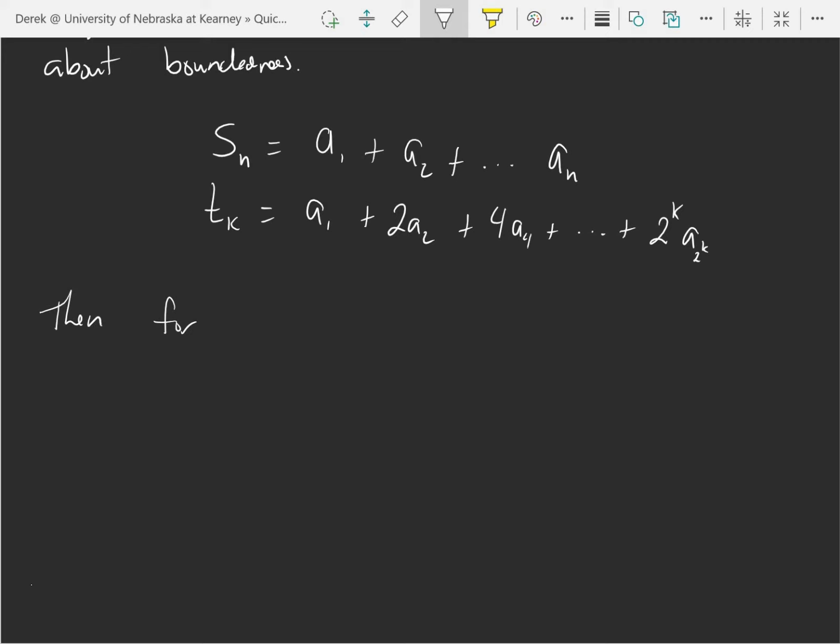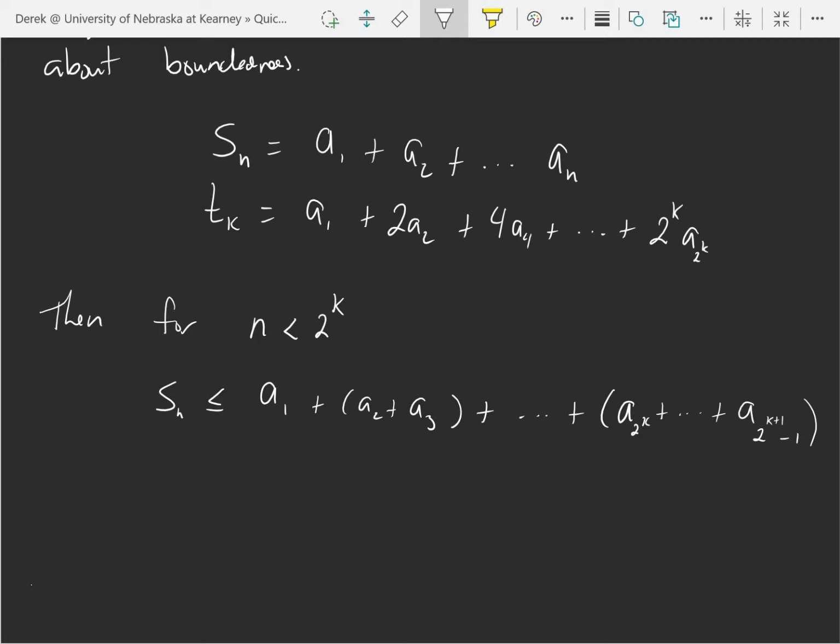for n less than 2 to the k, S sub n is less than or equal to a1 plus a2 plus a3 plus ... plus a sub 2 to the k plus ... plus a sub 2 to the k+1 minus 1.